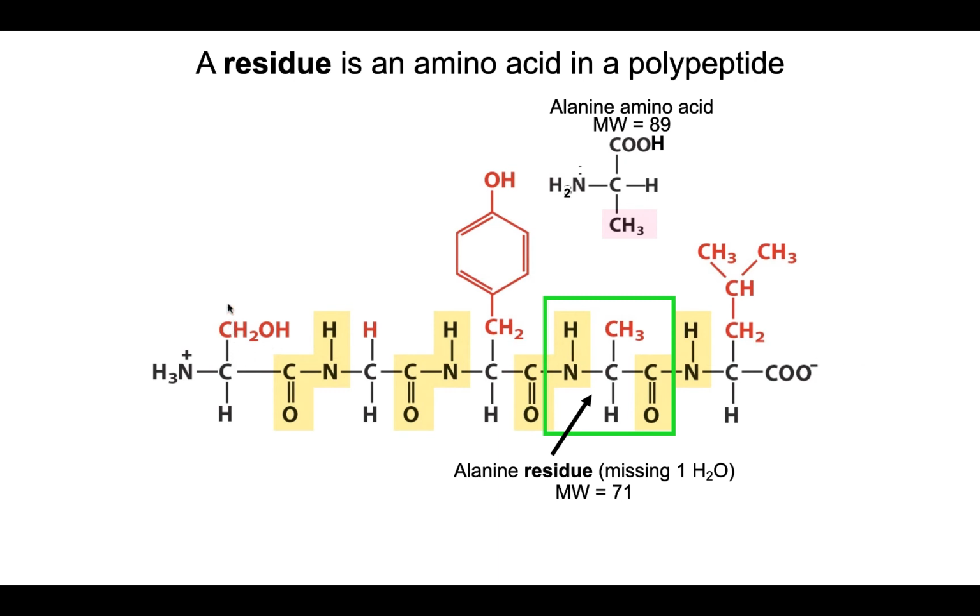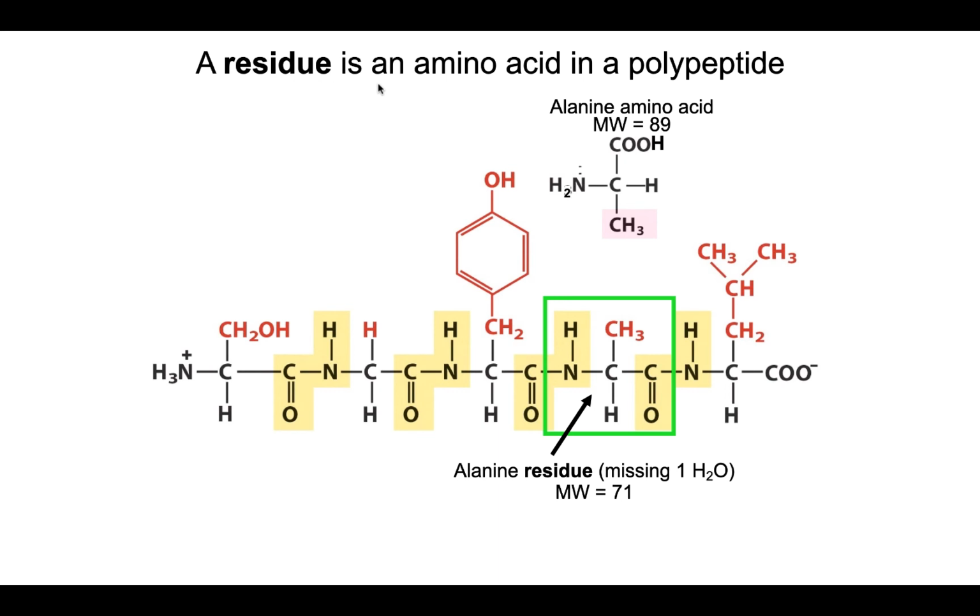And from that backbone of peptide bonds, you get the R groups. There's a term that you will read in maybe the book, maybe the journal article, called residue. And a residue is what we refer to as an amino acid when it is in a polypeptide.